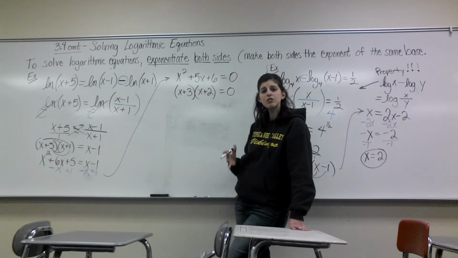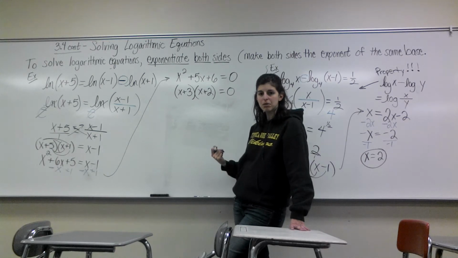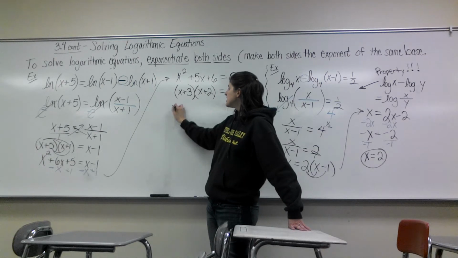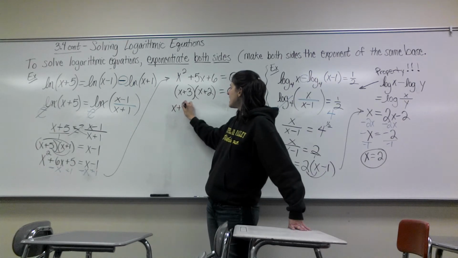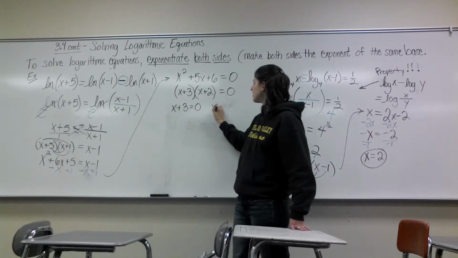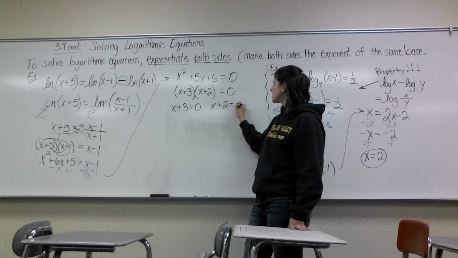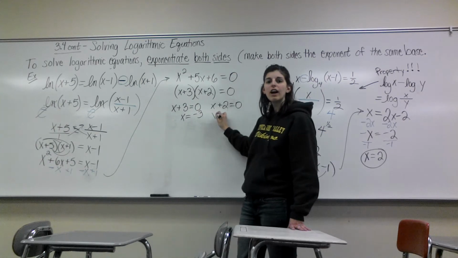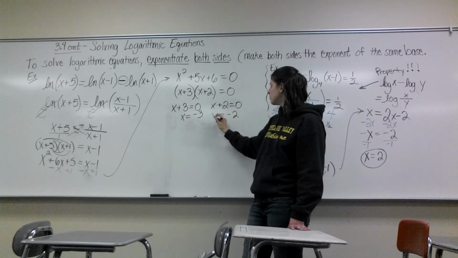Okay, you can use the quadratic formula. I'll put it on the board for you here in a minute. However, your solutions here, set x plus 3 equal to 0, x plus 2 equal to 0, and you get x equals negative 3 or x equals negative 2.